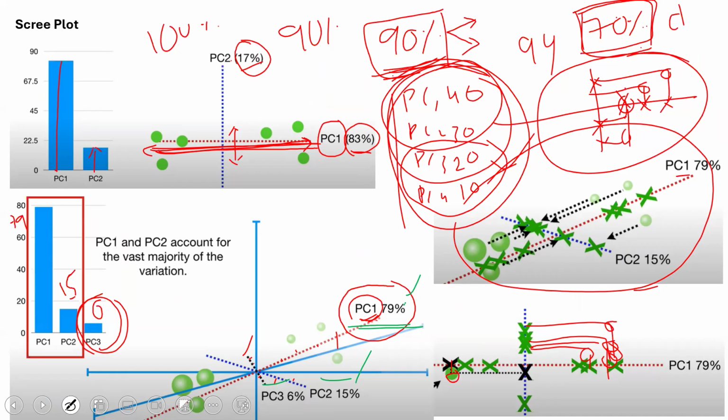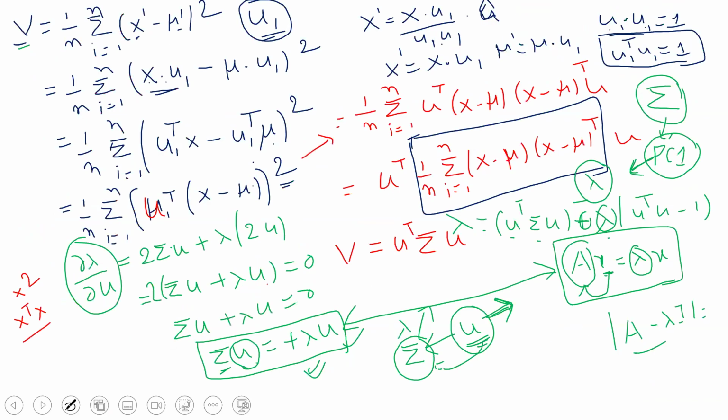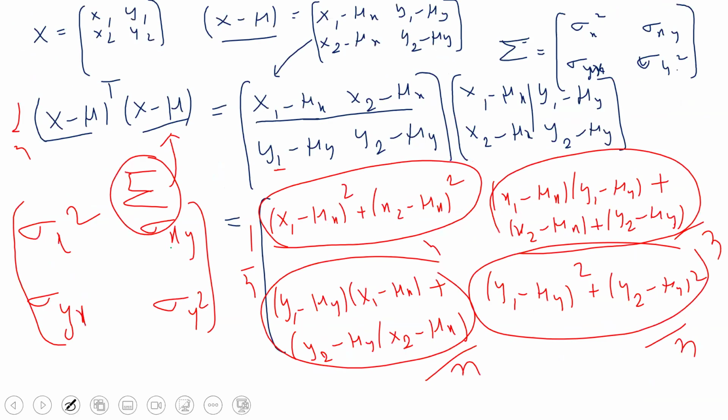Now, if you want only 90% of the variance covered, you can just take the first two principal components or first two eigenvectors. So this is all about principal component analysis, and it all comes down to the covariance matrix.